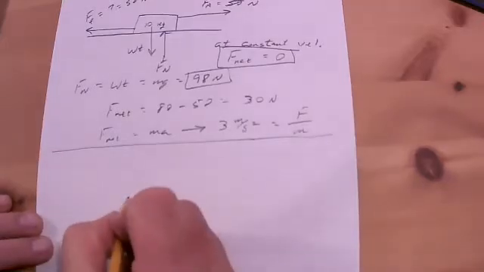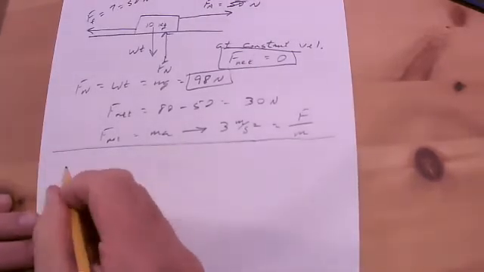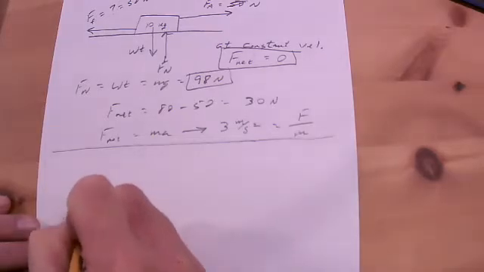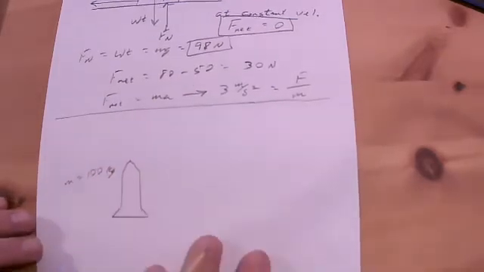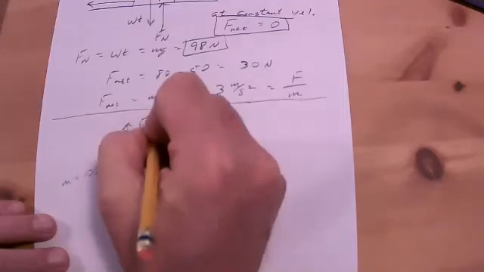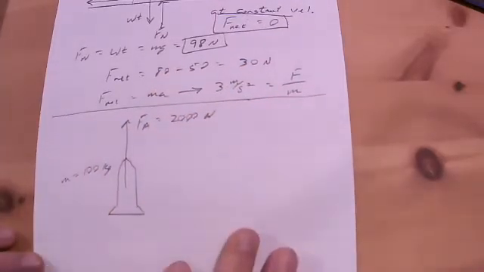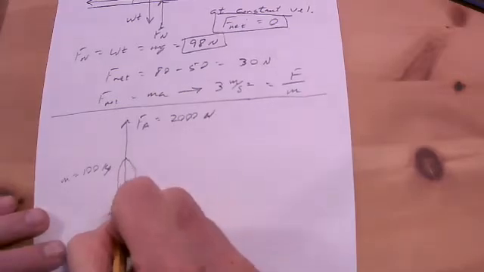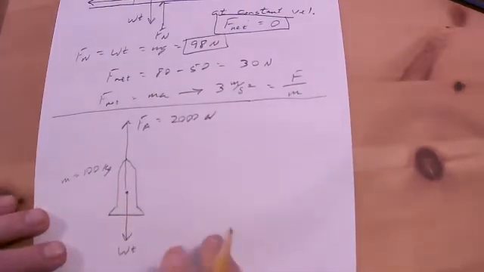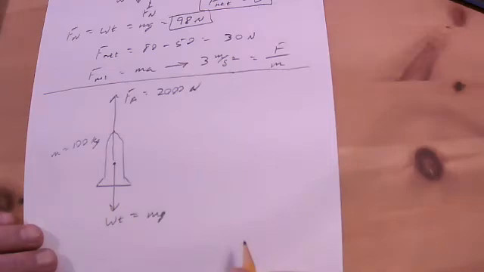Number 14, rocket problem. Mass, 100 kilograms, being propelled upward by a 2,000 newton force. The net force on the rocket. Well, I have to consider the weight. The weight is going to be equal to mg, right?